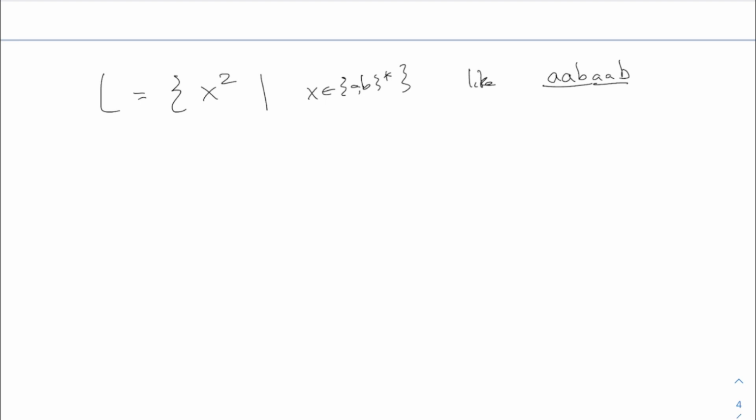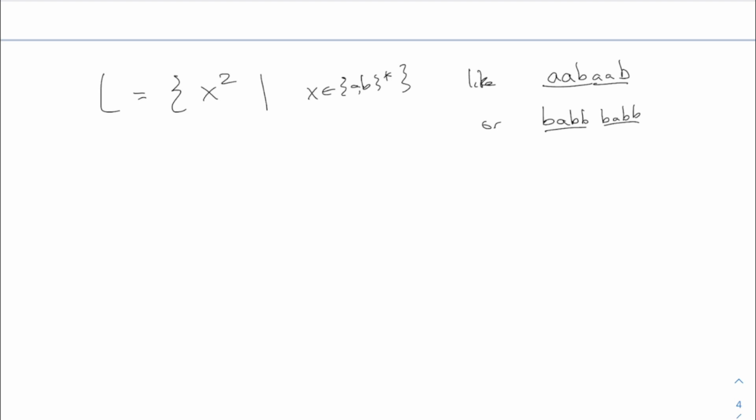Or B B, something followed by something. That's what, something followed by the same thing. That's what this language is. All strings that you can break into two halves, where the two halves are the same as each other. All right.